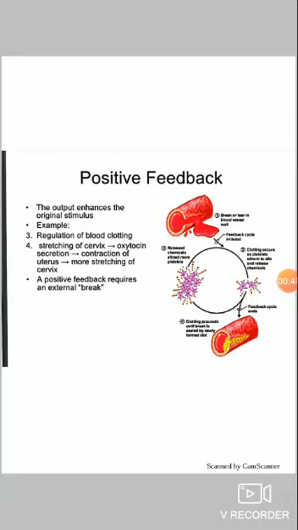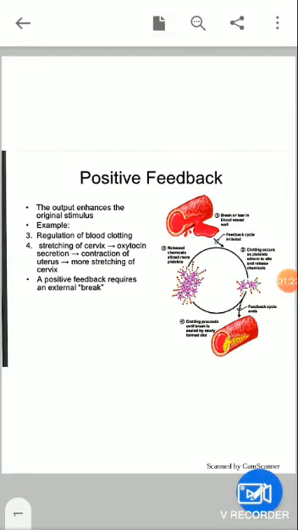An example of a positive feedback system is the regulation of blood clotting. So how does the regulation of blood clotting become an example of a positive feedback system? In the regulation of the blood clotting process, the blood clot is the product or the output of the clotting process, and I think we also know what is required to form a clot.